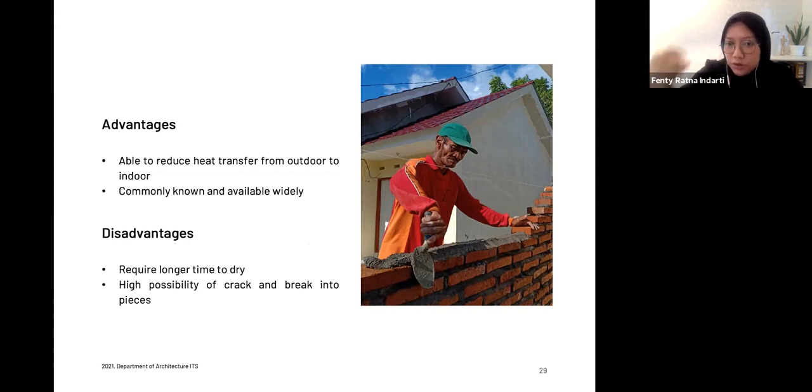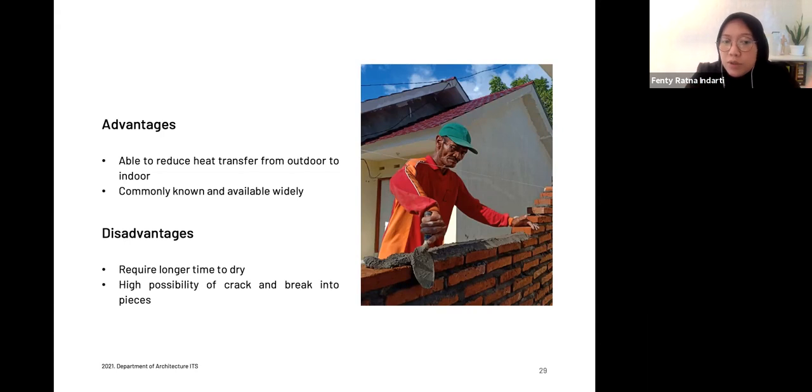It helps to attach with the plaster, as well as adding more water inside the material. That's why it needs longer time to dry, and usually the construction will take longer if you are using red brick. Sorry, not red brick, clay brick.